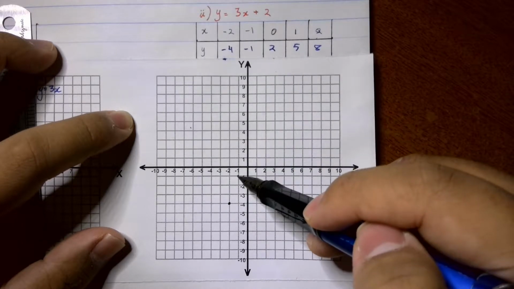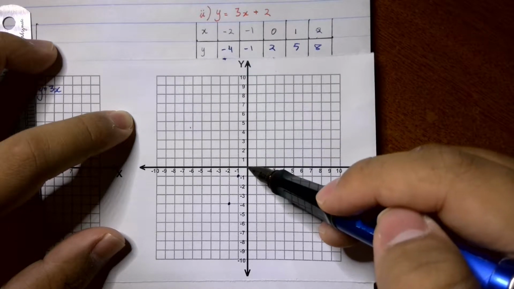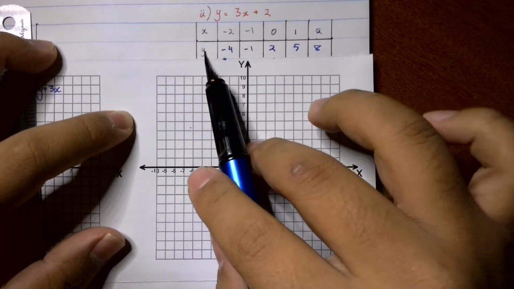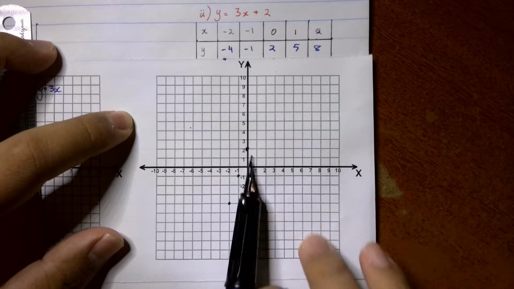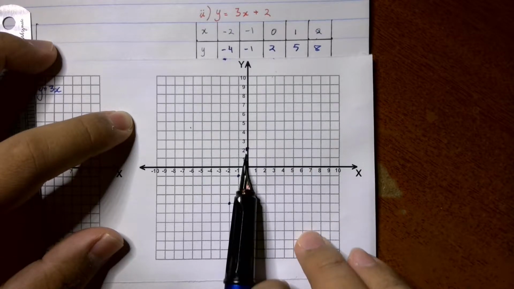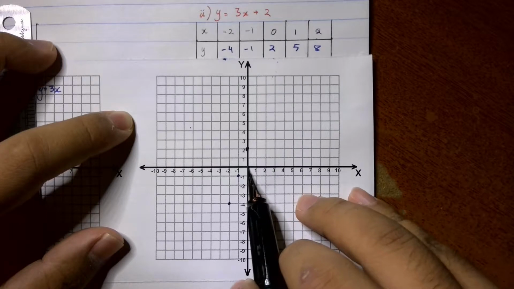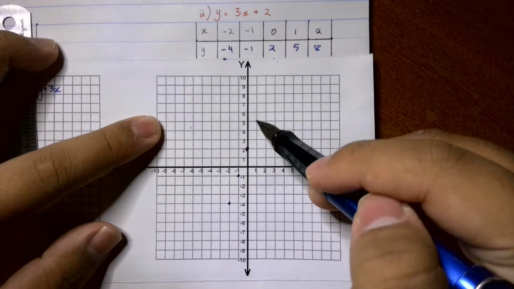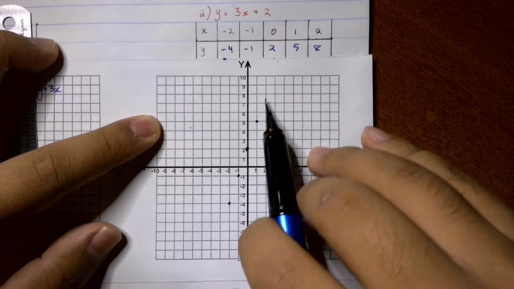Then -1, -1, right there in that corner. 0, 2: remember that this y value tells us up and down, so x hasn't moved left or right, but that 2 tells us it's moved up. Moving along, 1, 5, and 2, 8.